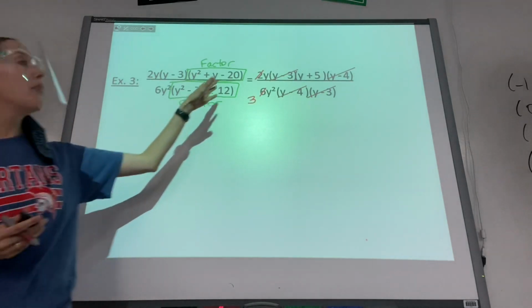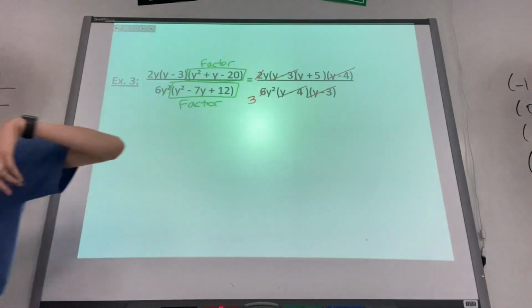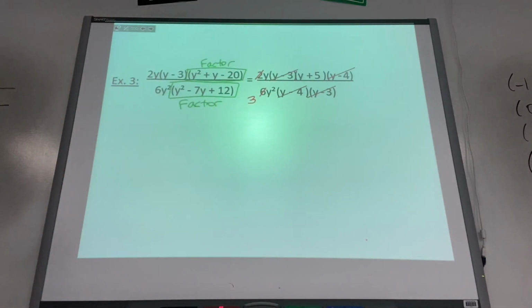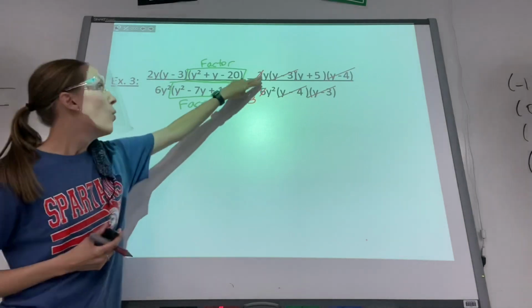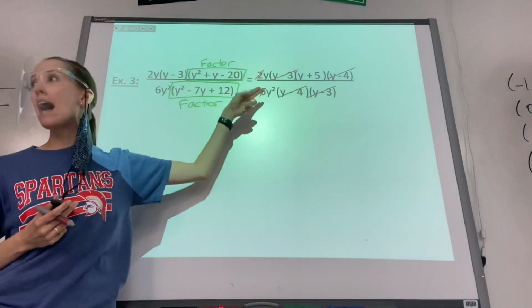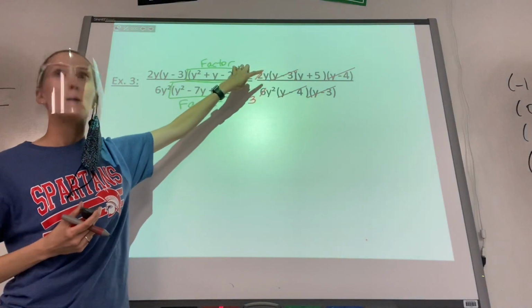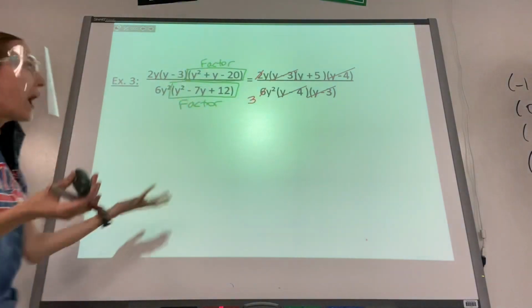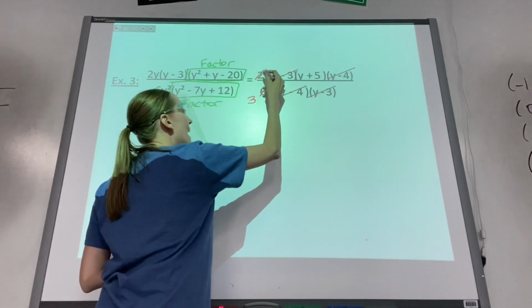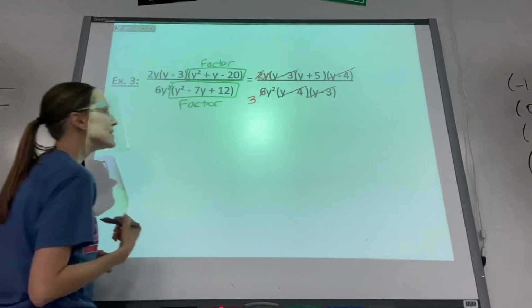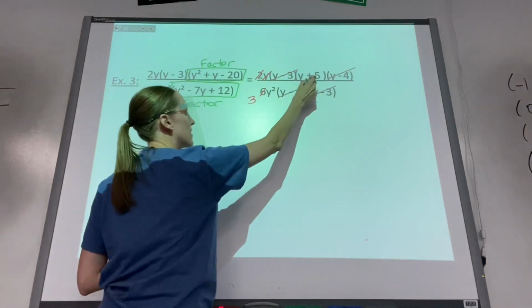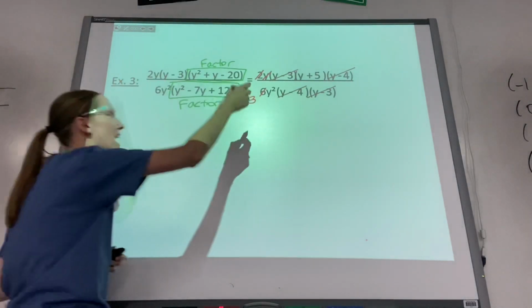Now, with the y's, I guess I could kind of word this the same way. What's the biggest y that you could divide both of those by? Just y, yeah. So y divided by y is just 1. That's not going to matter since I have something else on top.